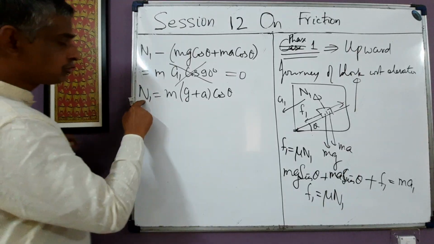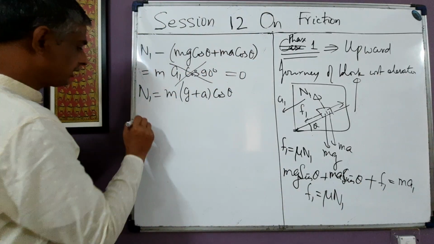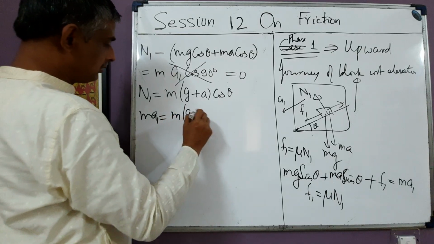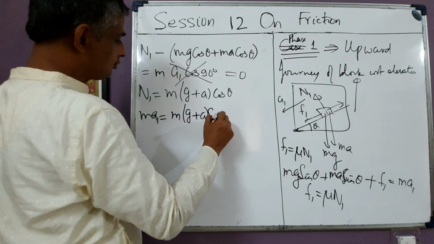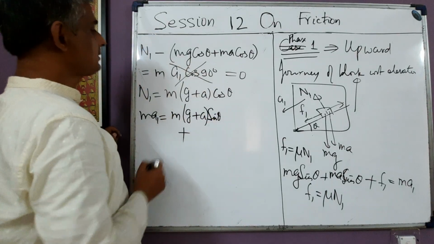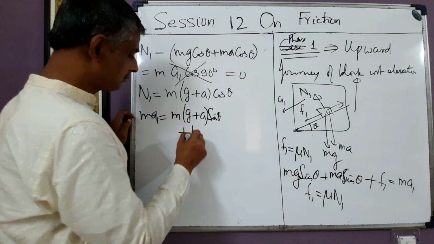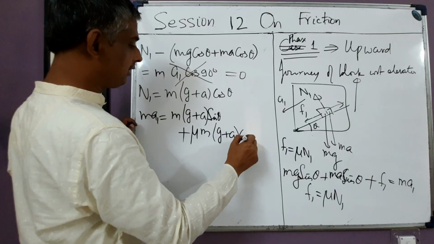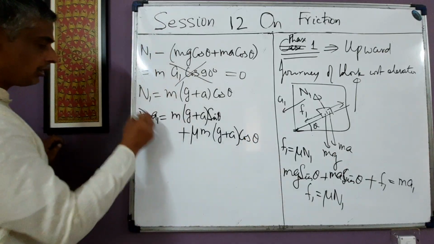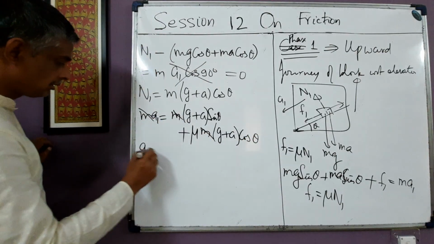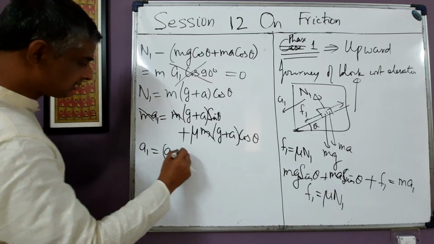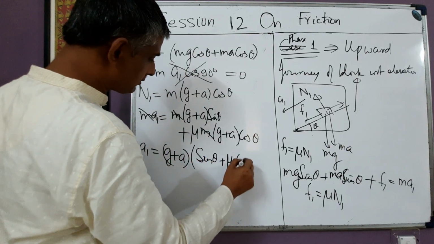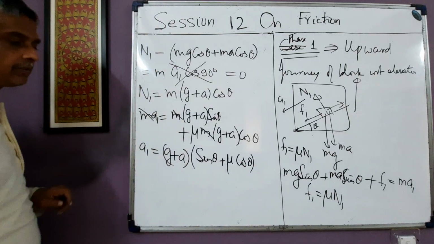So m a1 equals m (g plus a) sin theta plus mu times N1, where N1 is m (g plus a) cos theta. Now m goes away, so a1 becomes (g plus a) into (sin theta plus mu cos theta). This is the value of a1.